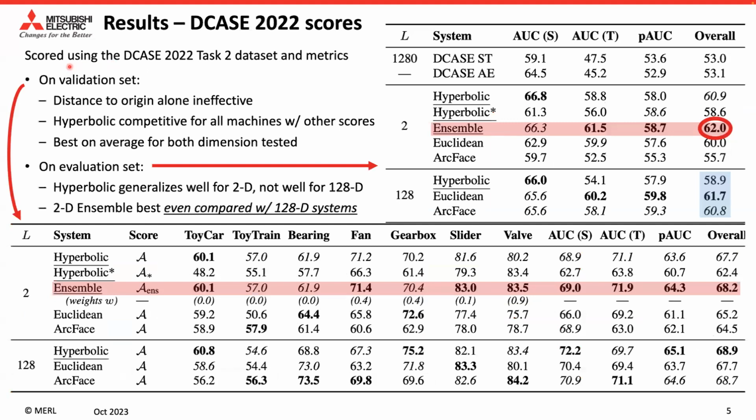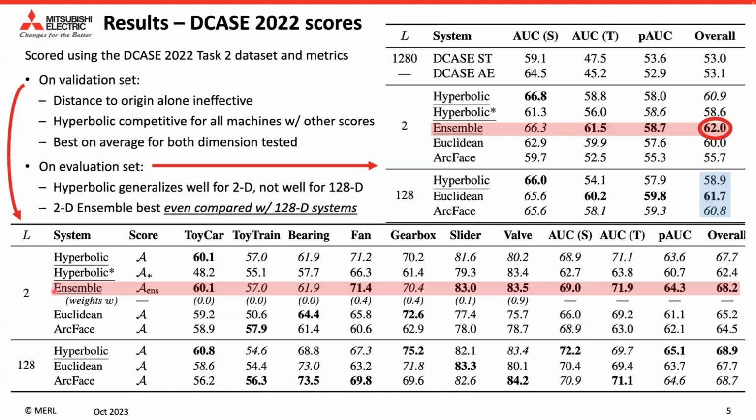Finally, we have the results using the DCASE 2022 task 2 benchmark. On the validation set, looking at systems trained for 2-dimensional embeddings and 128-dimensional embeddings, we find that, unfortunately, the distance to the origin alone is not a very effective anomaly detecting score.